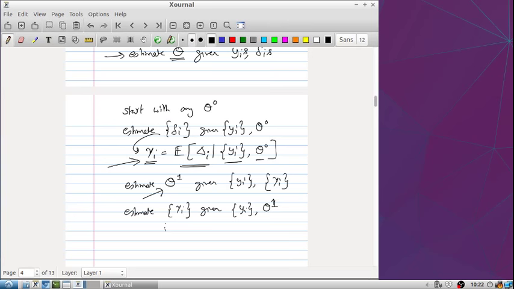But let's not worry about that. If you compute the expectation of delta i given data and theta naught, it turns out to be some closed form expression. I can derive it, but first try to understand the template. If you understand the template, then you can easily understand what the formulas are.